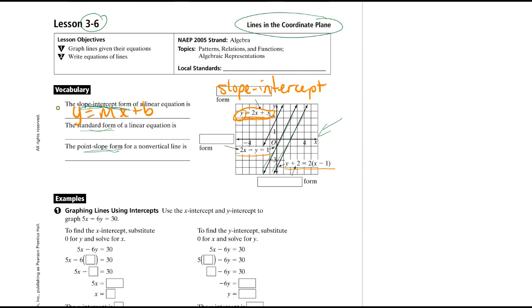So standard form looks like this. A times x plus, oops, that's a plus b times y equals some other number c. And the a here, that's a number. X, that's really x. B, that stands for a number. And the y is really the y.